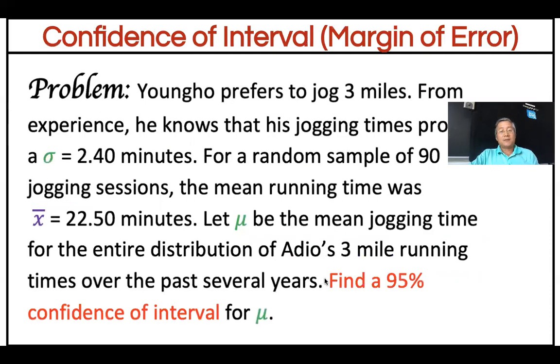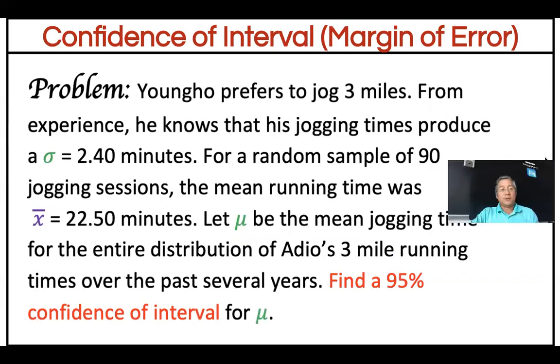So let's take one example. Young-ho prefers to jog 3 miles. From experience, he knows that the standard deviation of his jogging times for the entire population is 2.4 minutes.